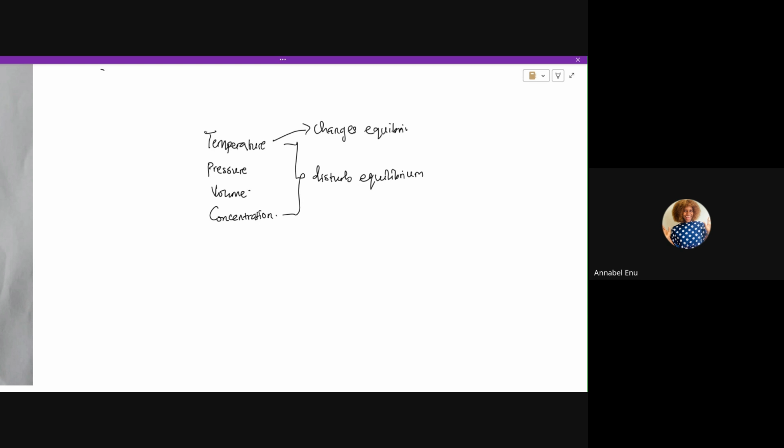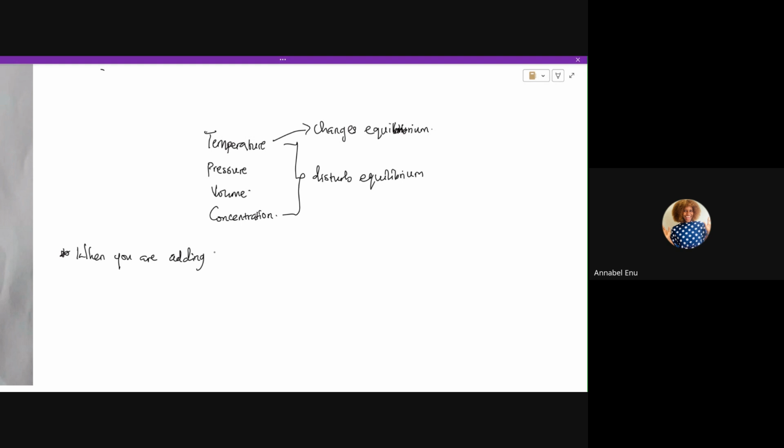We also talked about how, when you're adding to a system, equilibrium moves away from the point you're considering.